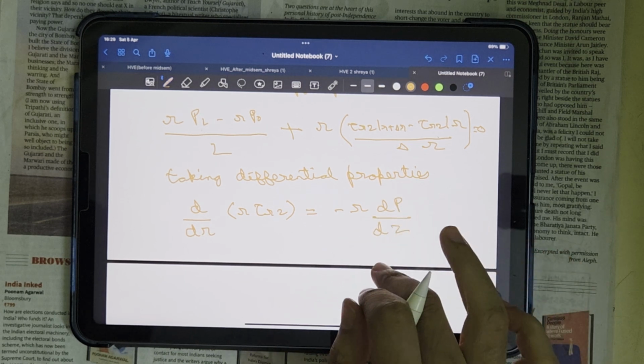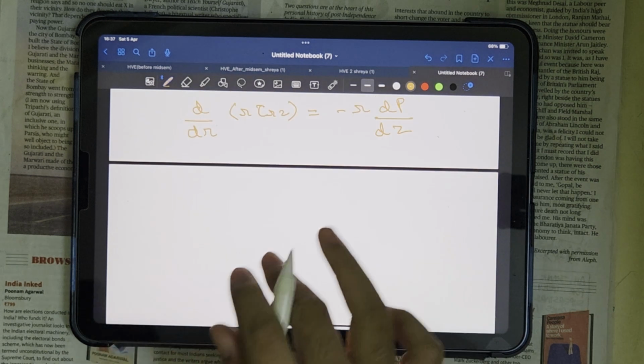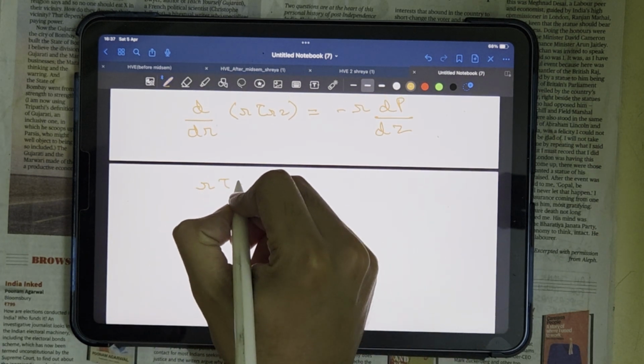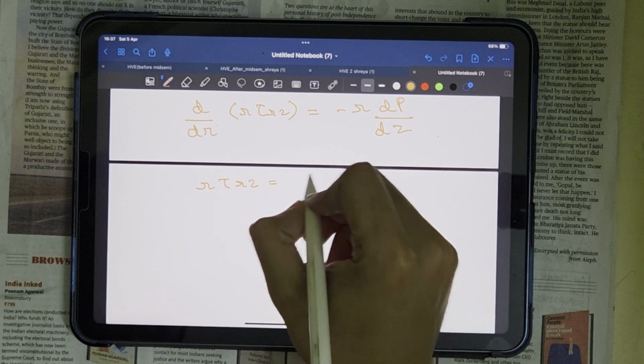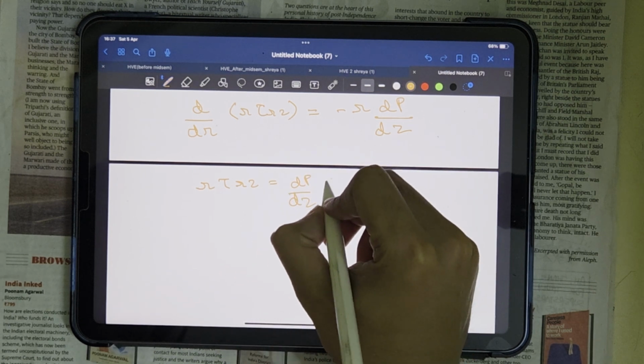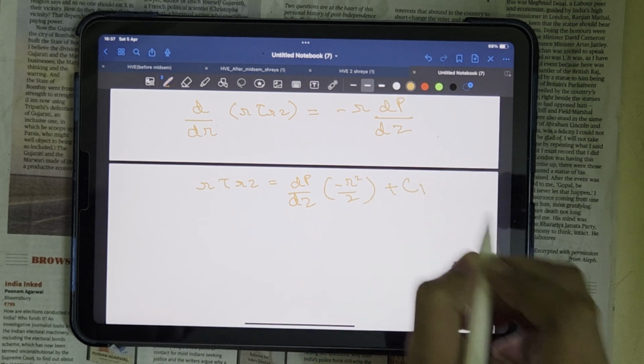So now we will integrate this equation. It becomes r tau rz is equals to dv by dz will be a constant into minus r square by 2 plus c1. Now here we will use logical boundary condition to get c1.